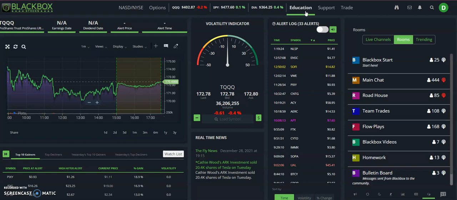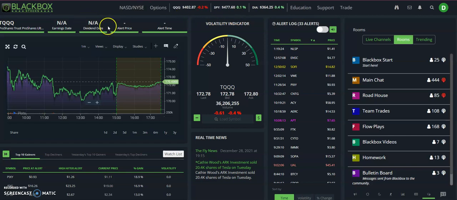They also host classes generally on a day-to-day basis and show you how to use this platform. They have classes over dark pool, what dark pool is, how to use it in trading, how it's used on Black Box. They have technical analysis classes and just the whole gamut of education that any serious trader should have.